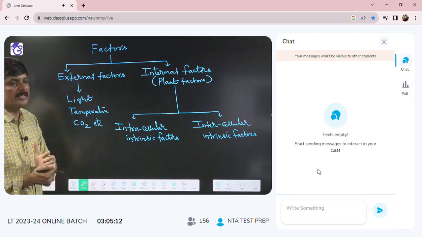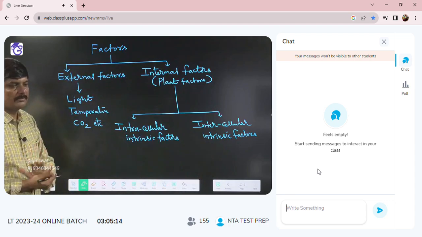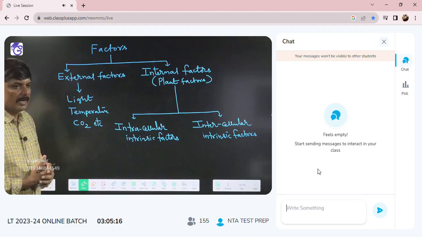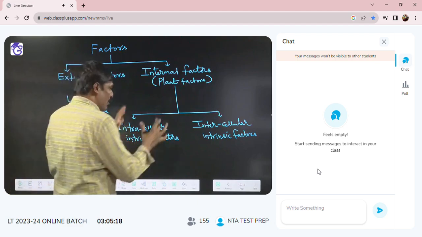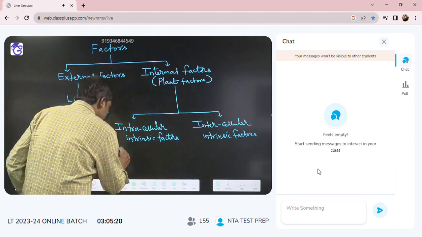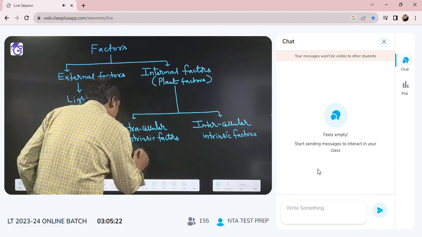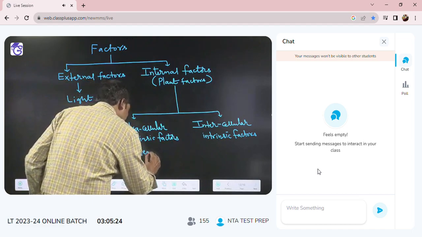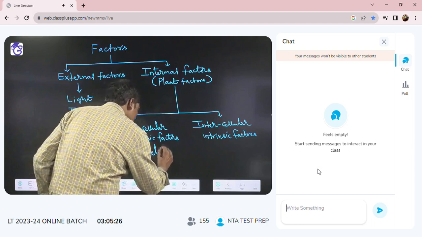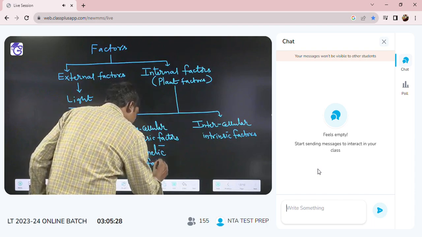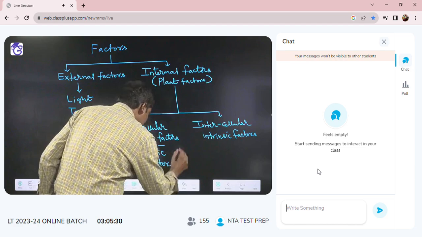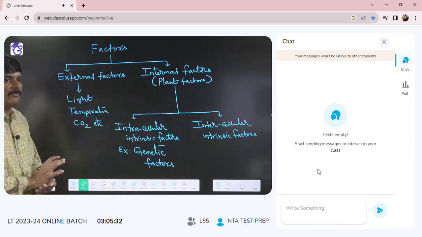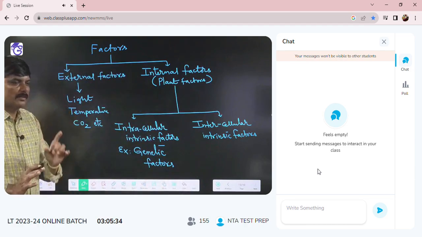Among these, genetic factors come under intracellular factors. Very important.